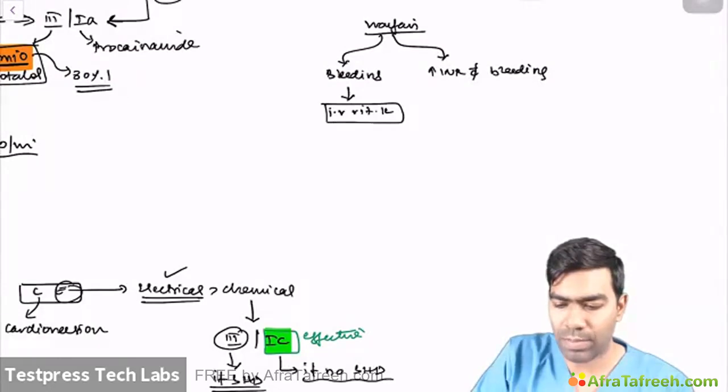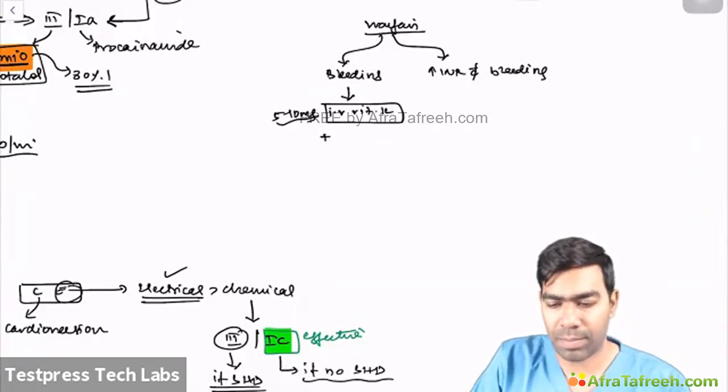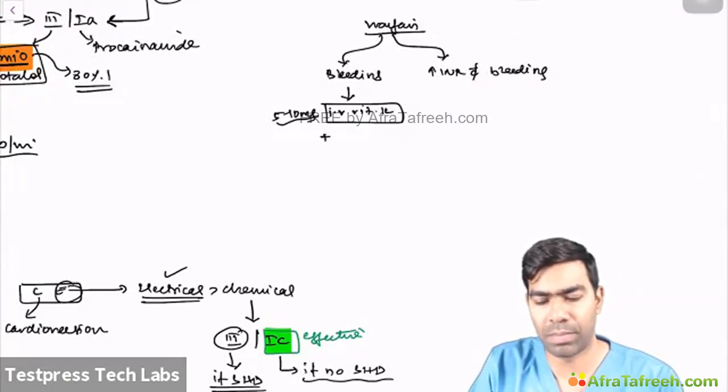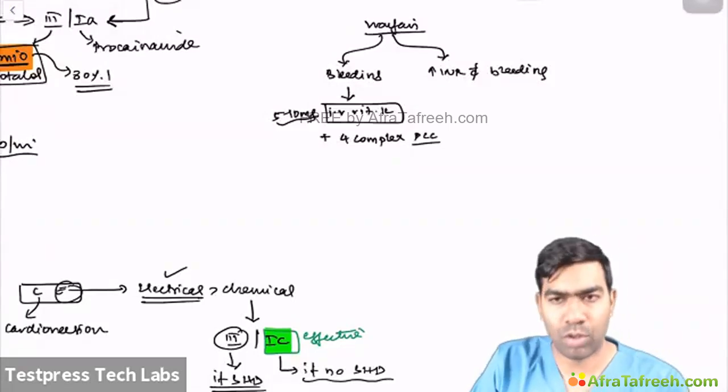Usually we give 5 to 10 milligram of IV vitamin K immediately, and you have to repeat it. Plus at the same time, because IV vitamin K is an antidote for warfarin but will still take some time to act, immediately to replace the clotting factors you need to use something called a 4-factor PCC. That is prothrombin complex concentrate.